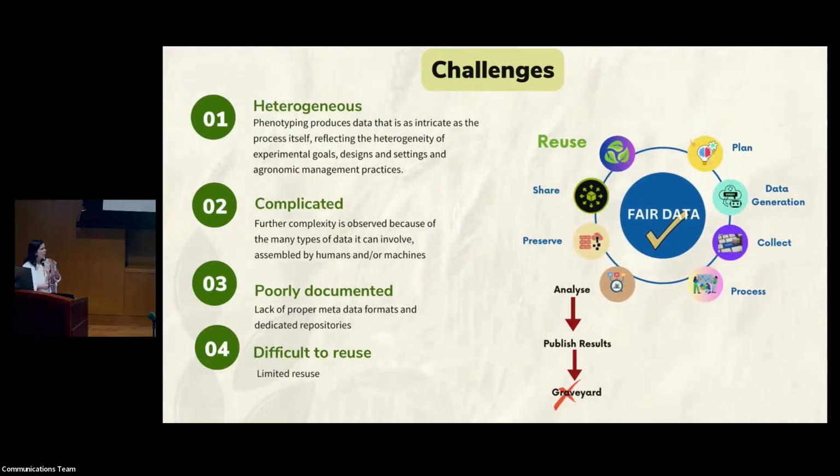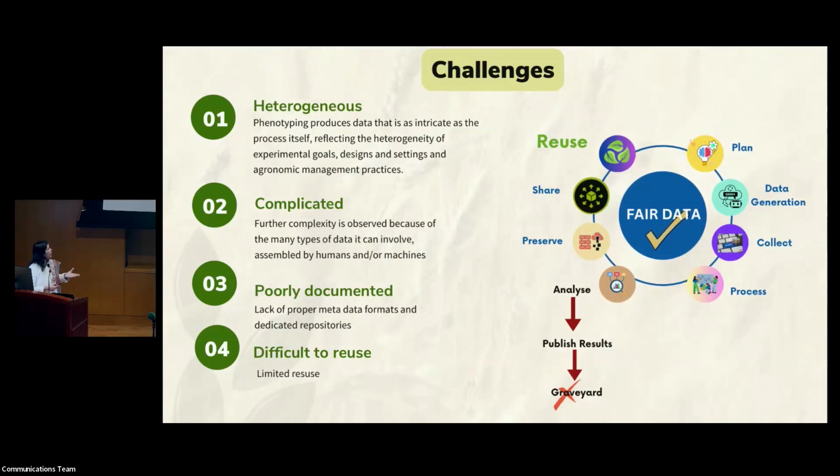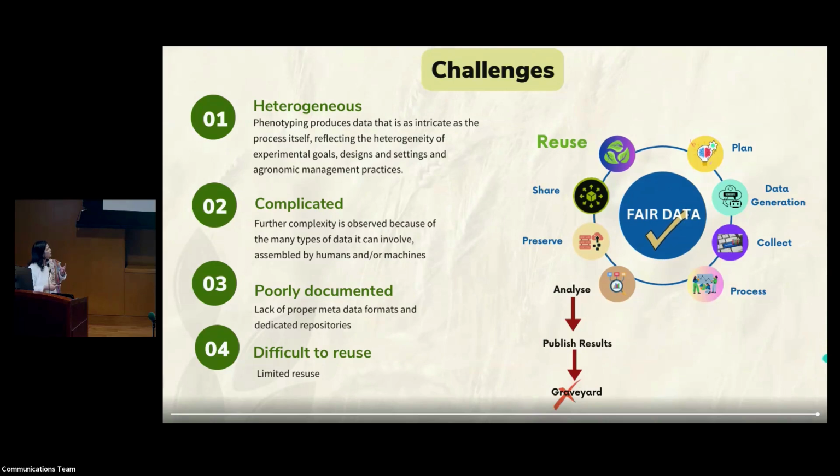But the challenge in the Indian ecosystem is that the data we generate is very heterogeneous, and it is never managed nationally. So every lab has its own data, and then it gets lost in the labs as the student goes.